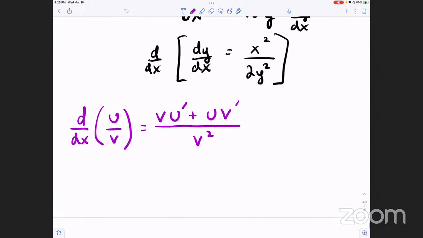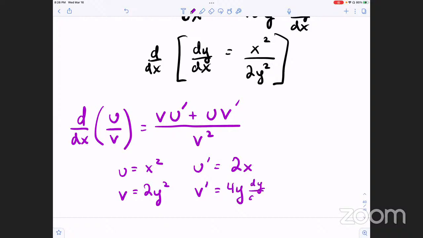So when we go to take this derivative again, our u is going to be what? x squared. And our v is going to be 2y squared, right? That means our u prime is going to be 2x. And our v prime is going to be 4y dy by dx, right?